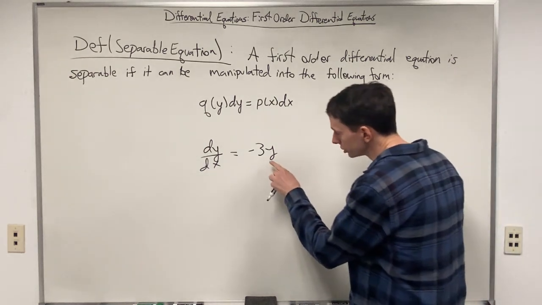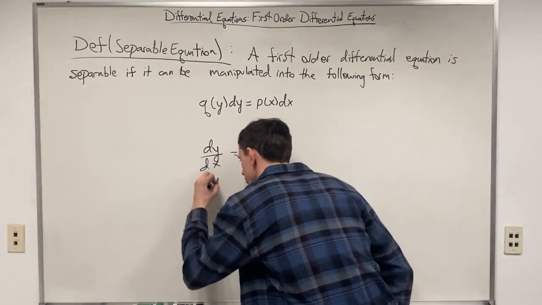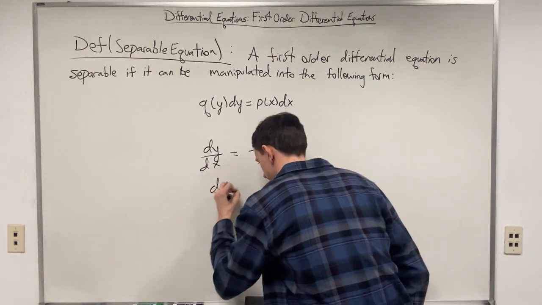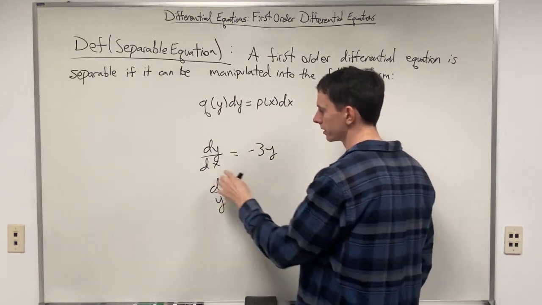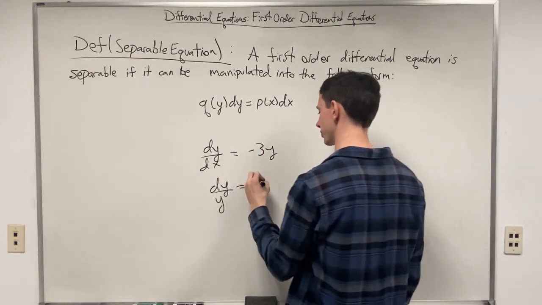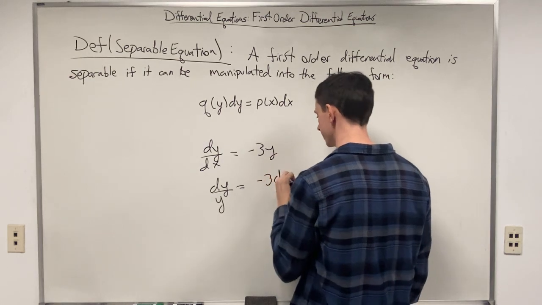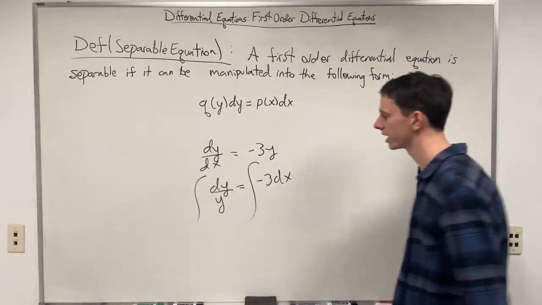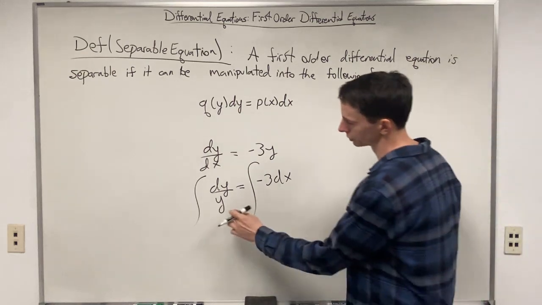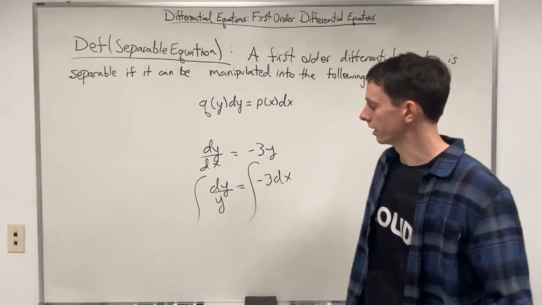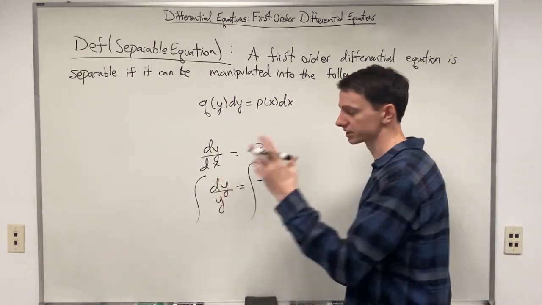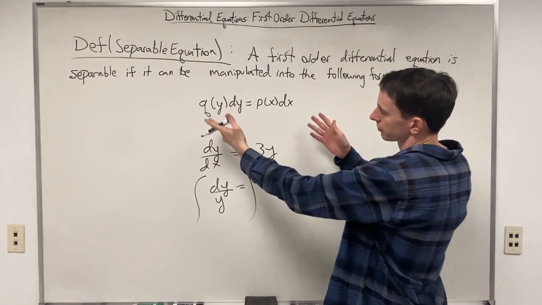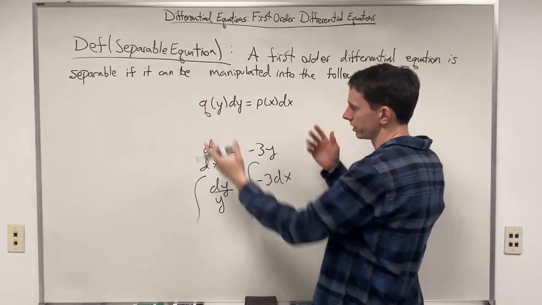Well, we just divided y to the other side, so we had dy over y. Then we multiplied dx over to the right-hand side, so we had minus 3 dx. And then we integrated both sides, so that we ultimately were able to solve for y of x. That process is really just the same process that is being outlined right here.